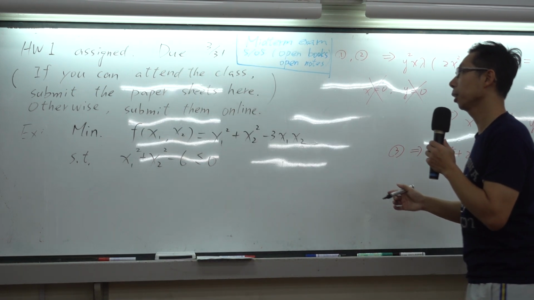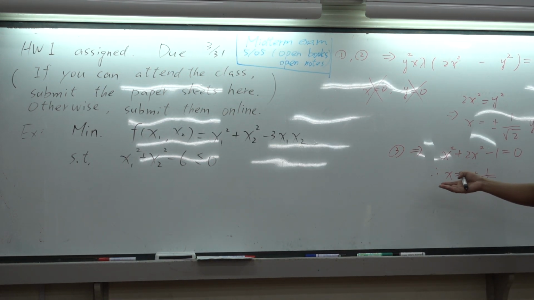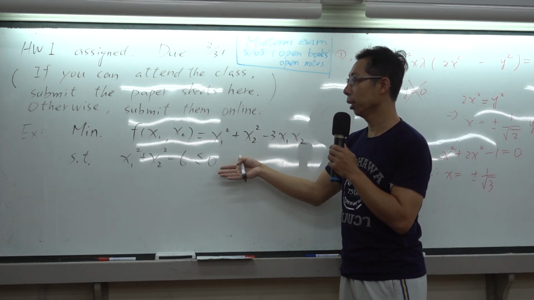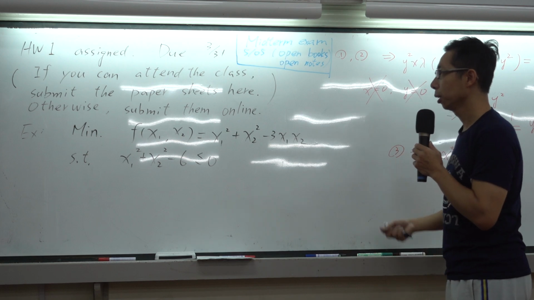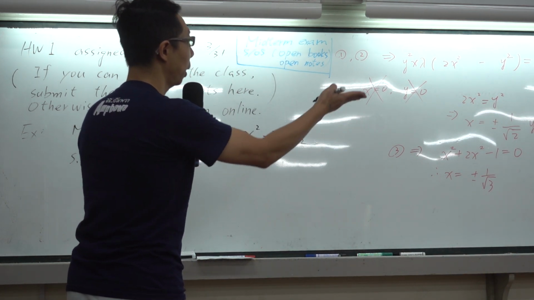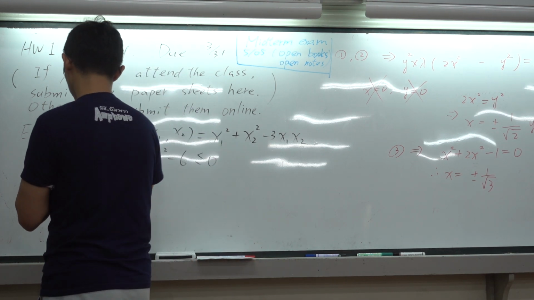Okay, so let's say we have this kind of problem. Two variables and only one inequality constraint. So let's start to apply the method we have just learned.